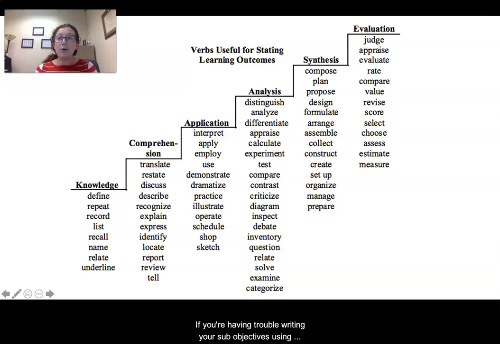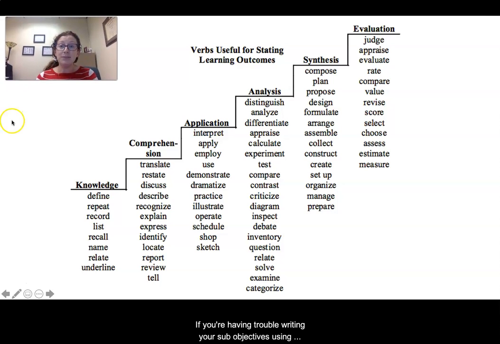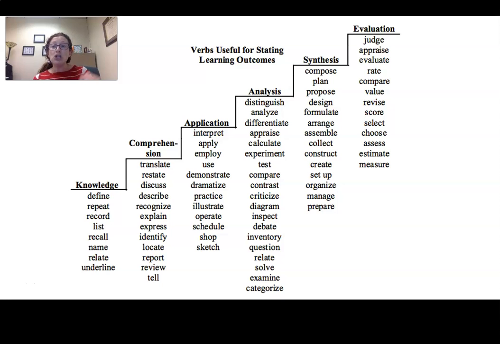If you're having trouble writing your sub-objectives using Bloom's taxonomy, I highly recommend that you look at this list of verbs. So lower level Bloom's would be your students being able to define key terms, list, recall, underline, or highlight. Whereas when we get up to higher levels of Bloom's, that's when they're going to compare and contrast. They're going to categorize.